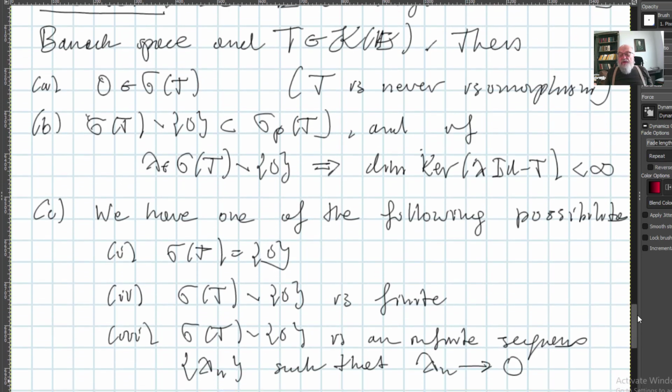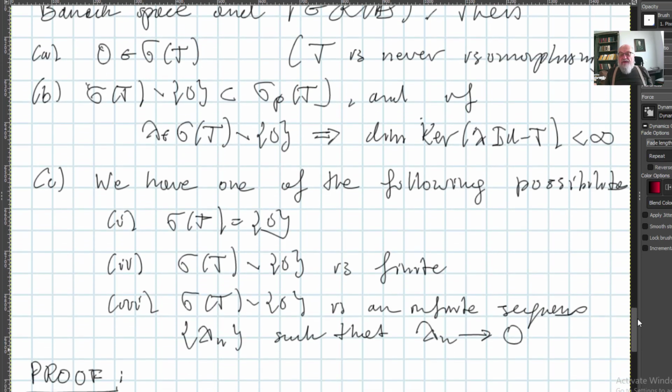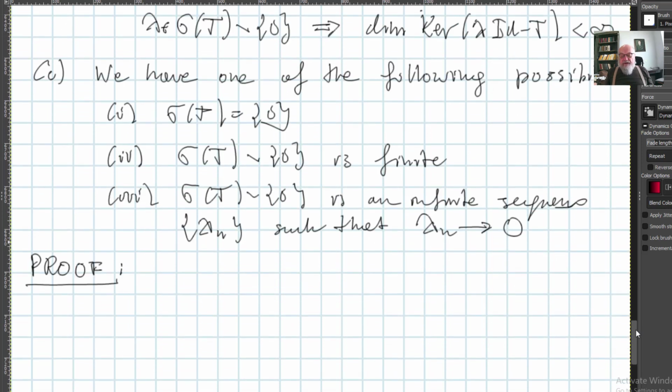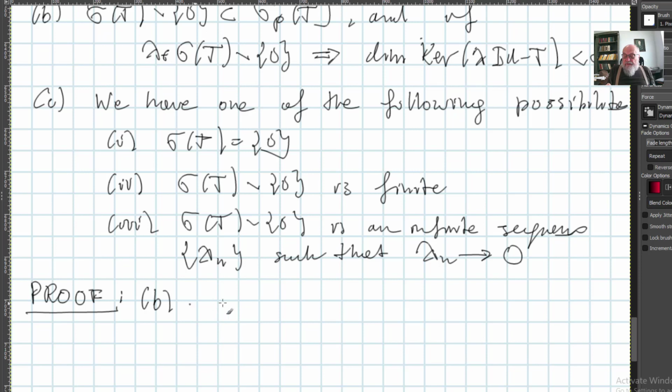So in order to prove B, of course it is clear that we have the Fredholm alternative for B. Notice the following.